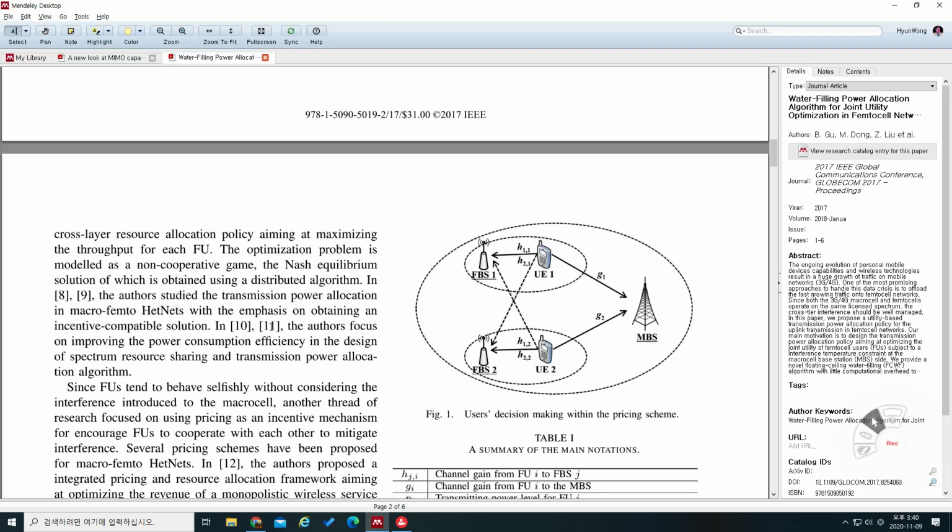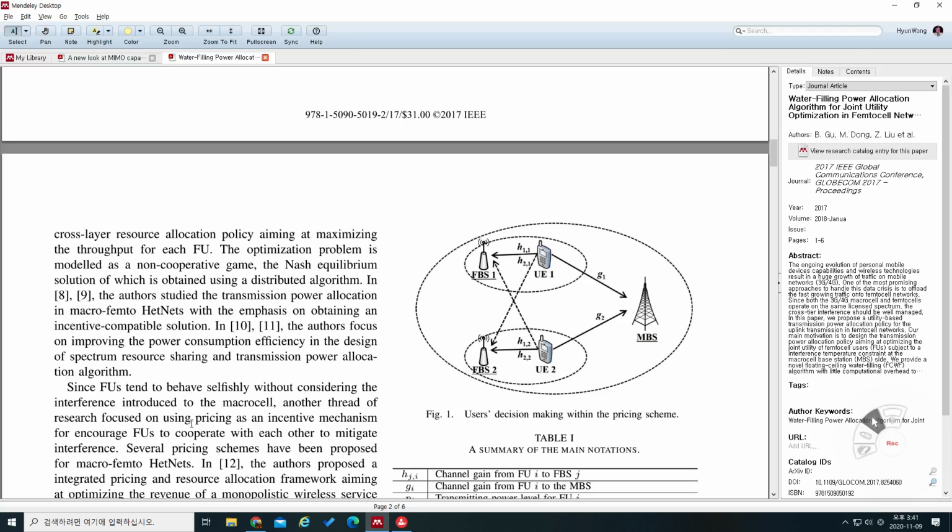In [10] and [11], the authors focused on improving the power consumption efficiency in the design of spectrum resource sharing and transmission power allocation algorithms.